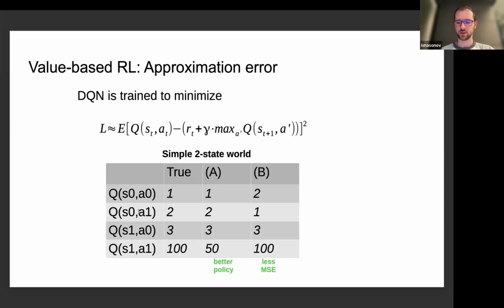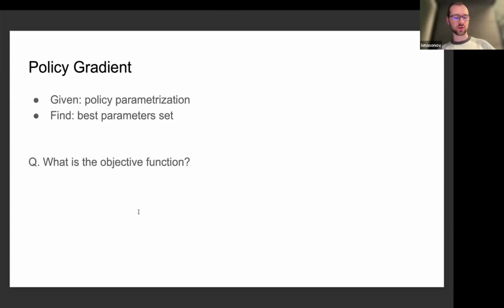Policy gradient is when you want to parameterize your policy, and then we can find the best parameters of the policy by gradient descent. But what is the objective function of the policy, and, because the policy is just a set of actions, how can we parameterize it? What do you think about it?